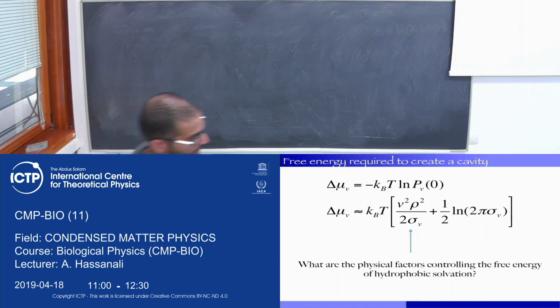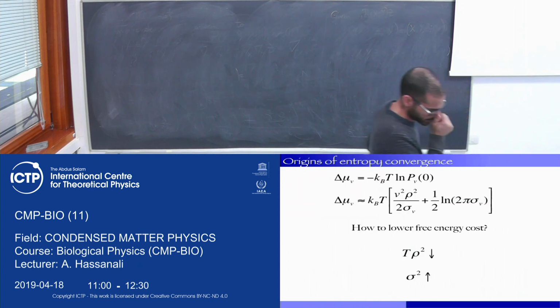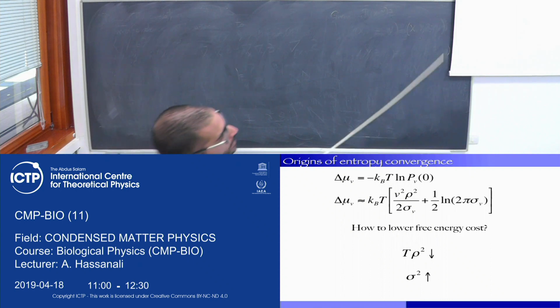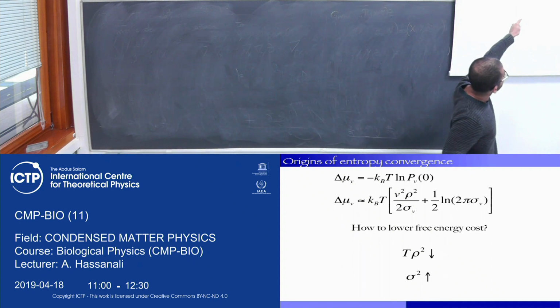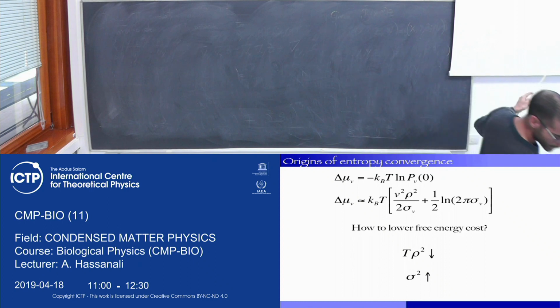Okay. I'll sketch out what the argument is. So we ignore this term. If I want to lower or increase the free energy, I have to reduce this term or increase this term.